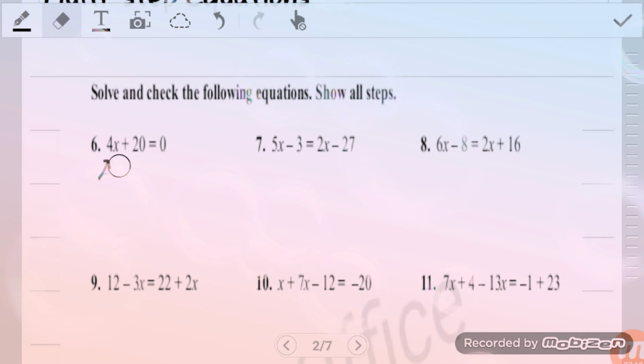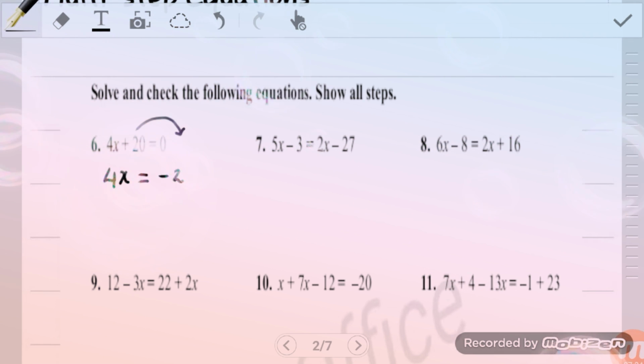With that said, transposition here is best. We could just bring that 20 across to the right hand side of the equation, and we would end up with 4x is equal to -20.